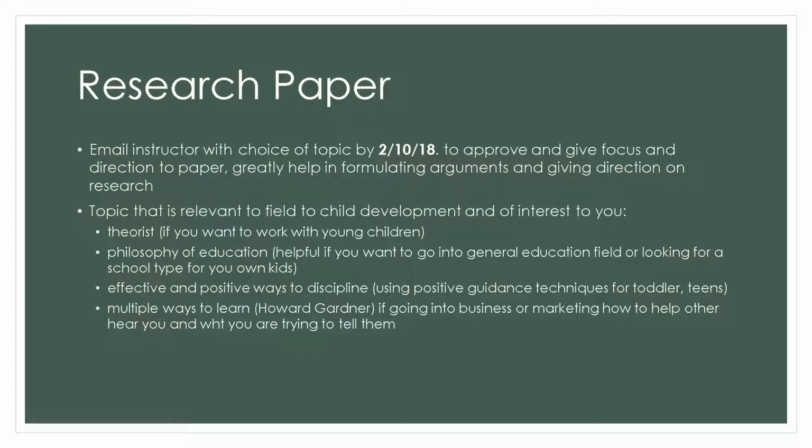So I want to talk about some of the things that you could choose for your research paper. If you're wanting to work with young children as a preschool teacher, an infant toddler teacher, or even going into elementary school education, then I would pick a theorist because this is going to give you some information about that. A theorist could be, and I'll talk more about them in depth, Freud, Howard Gardner, Urie Bronfenbrenner, Lev Vygotsky, or Piaget, or Erikson, and you'll learn these names are like, what?